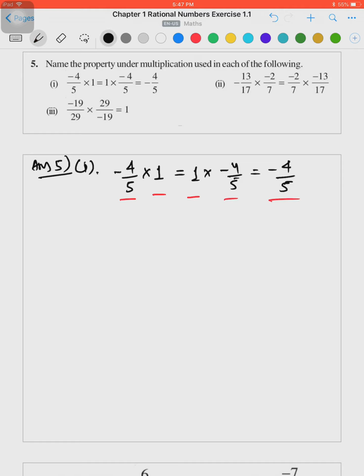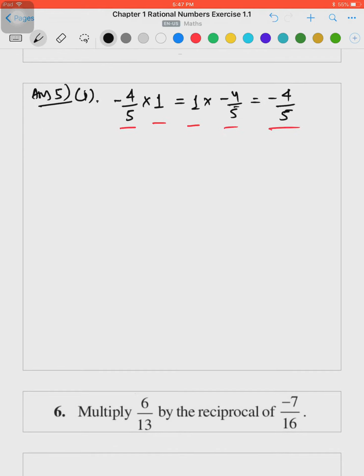The property that is used here is that 1 is the multiplicative identity, which we have studied earlier. Okay, 1 is the multiplicative identity of all rational numbers.